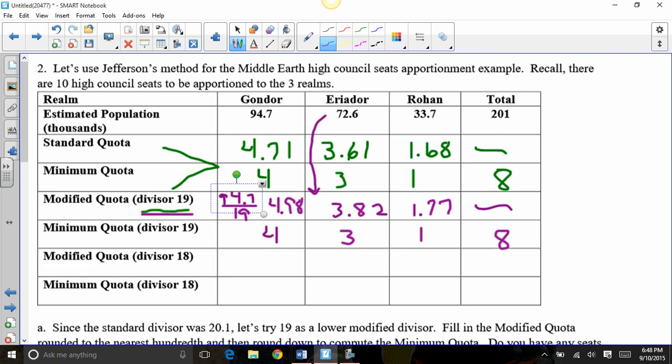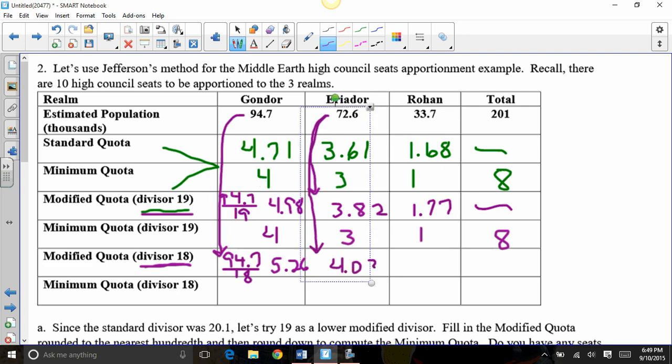So now it says, okay, here's a new modified divisor. Go down to 18. Again, go back to your original populations. Now divide each of those by 18. So 94.7 divided by 18 is going to give you 5.26. 72.6 divided by 18 is going to give you 4.03. 33.7 divided by 18 is going to give you 1.87.